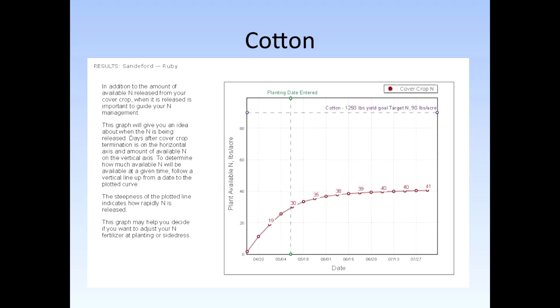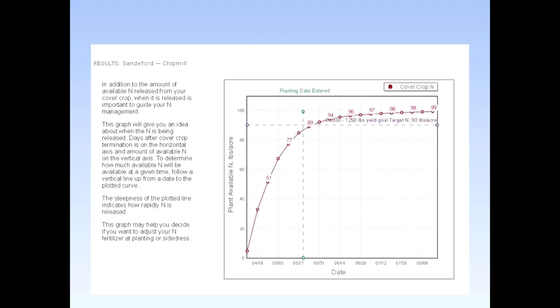So in that case, probably what I would do is say, okay, maybe you could drop back on your planting nitrogen, but you probably still want to side dress it at pinhead square, okay? Because it's leveled out by the time he gets to that in 6 weeks or so. All right? So this is the same guy, and he planted pure hairy vetch.